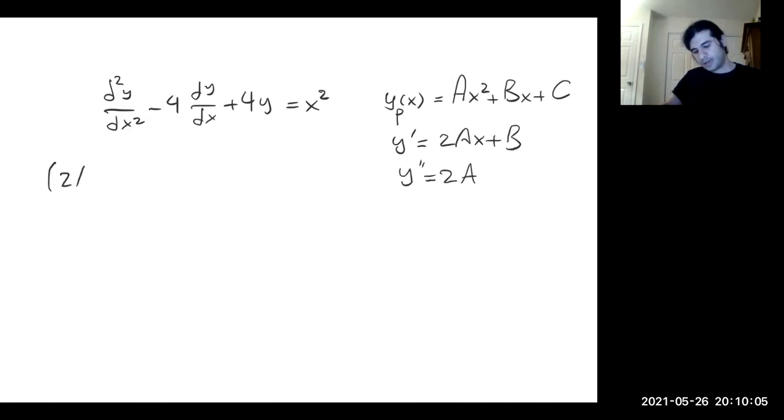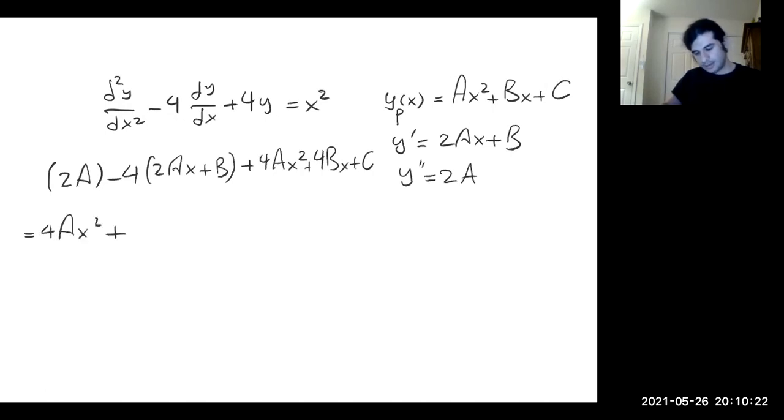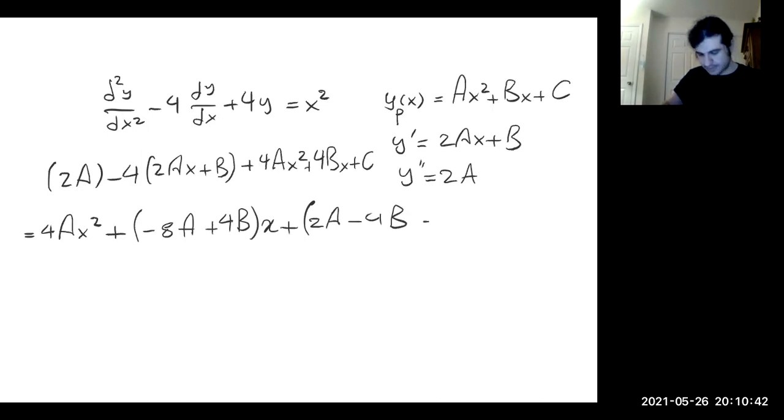So it would be 2a minus 4 times 2ax plus b plus 4y, which is 4ax squared plus 4bx plus c. And this thing is equal to 4ax squared plus, what is the coefficient of x? The coefficient of x is minus 8a plus 4b. And the constant terms are 2a minus 4b plus c.